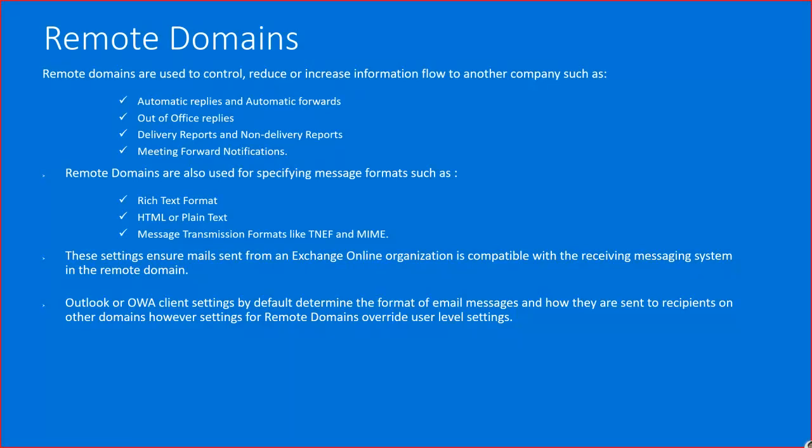However, whatever settings we have at the remote domain level supersede the settings at the user level. So basically, remote domain level settings at the organization level have precedence over user-specific settings in the client.